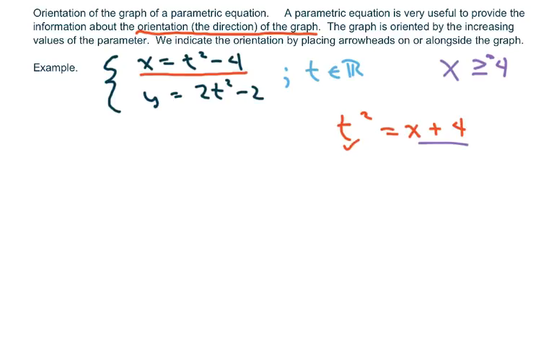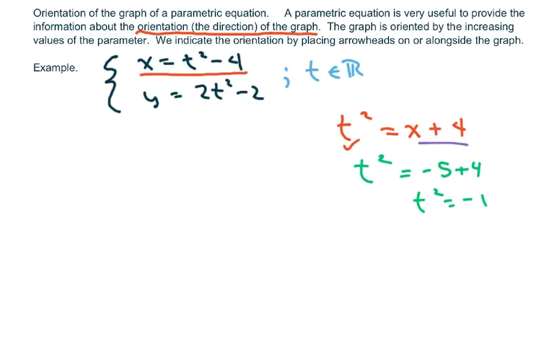Let me rewrite this. What if I put in negative 5? So if I put in negative 5 here, I get t squared equals negative 1. And that doesn't make any sense, not unless you're talking about complex numbers, which would be plus or minus i, basically.